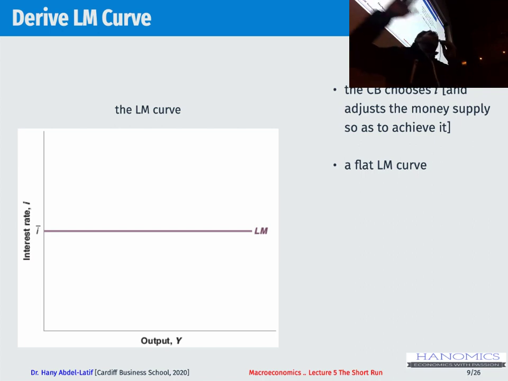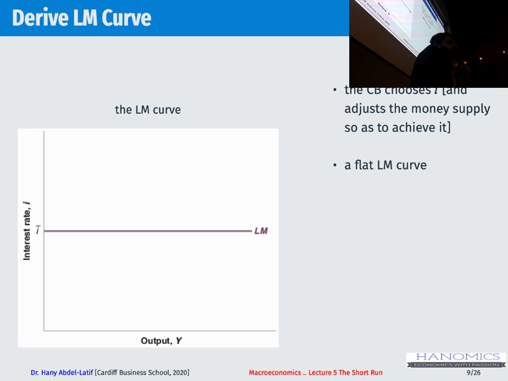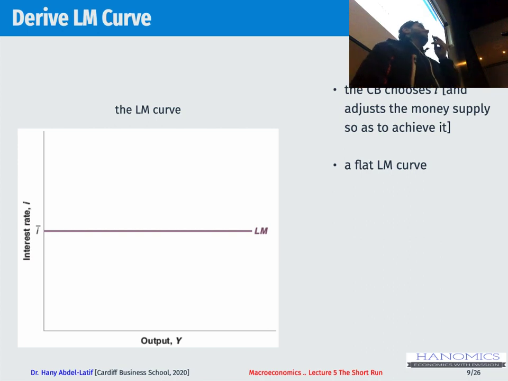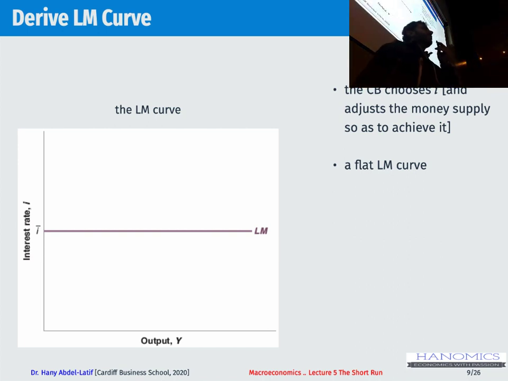We already know how to derive the LM, and the traditional way of thinking about it is fine. But this is a more realistic assumption about how the LM looks, and this is what we're going to follow in the next part of the lecture when we look at policy analysis.